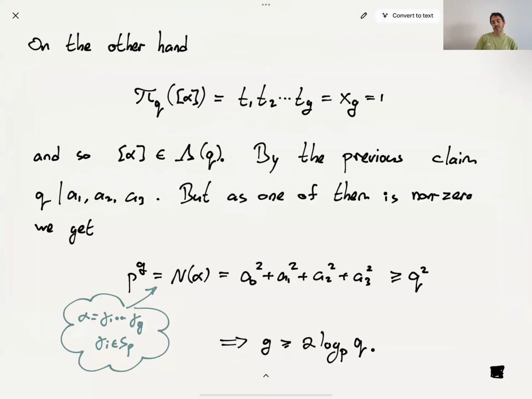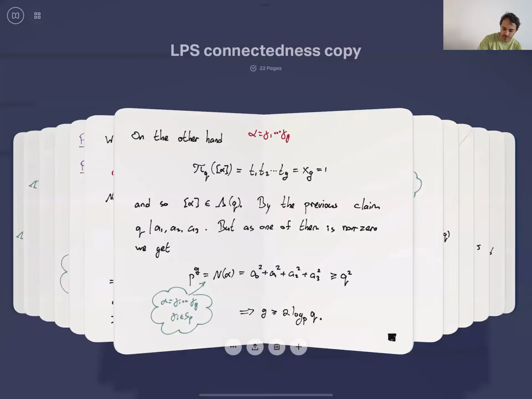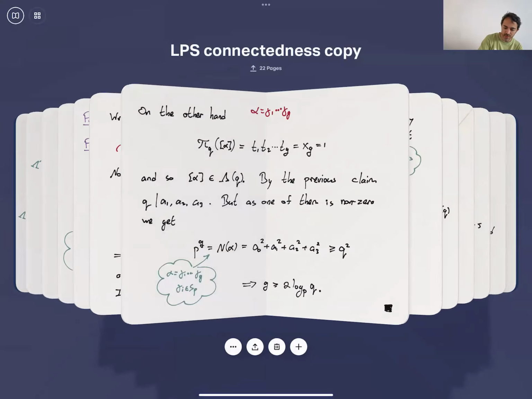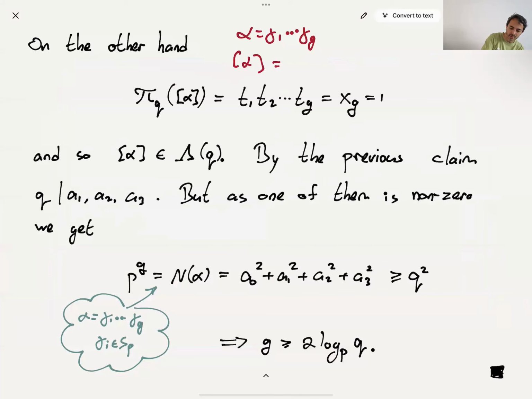On the other hand, let's look at pi q of the class of alpha. Well, that's just the product of the Ti's, right? Because alpha is gamma 1 up to gamma g, if I remember correctly. And so the class of alpha is the class of gamma 1 up to gamma g.